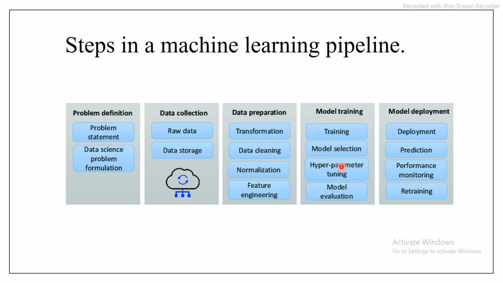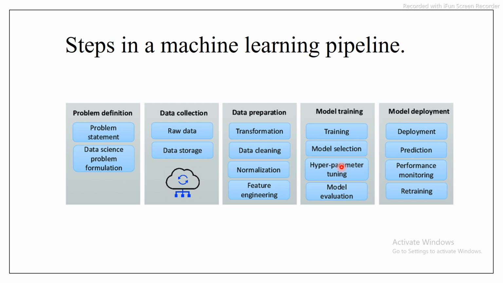Let's say your test accuracy is not good, and your boss wants the test accuracy to increase so that you can reduce the type 1 and type 2 error, depending on the business situation. Let's say your boss wants to reduce the type 2 error in a model. How are you going to reduce that? Hyperparameter tuning is one of the techniques to fine tune the model to bring down the type 2 error.